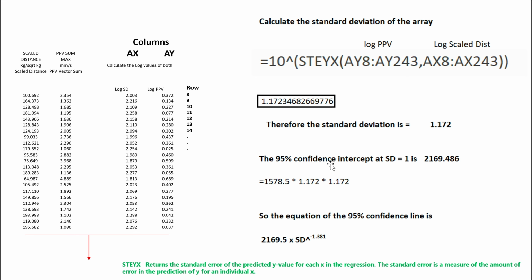The 95% confidence intercept, or the coefficient of that equation, is the average times the standard deviation twice. So it was the 1578.5 we saw times 1.172 times 1.172, and that gives me the upper boundary of that 95% confidence line, which is 2169.